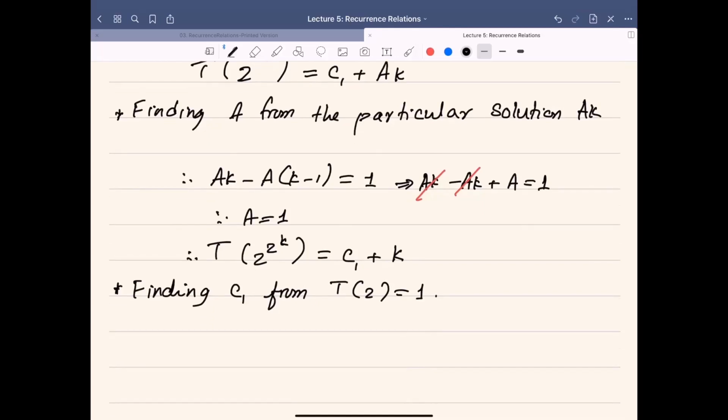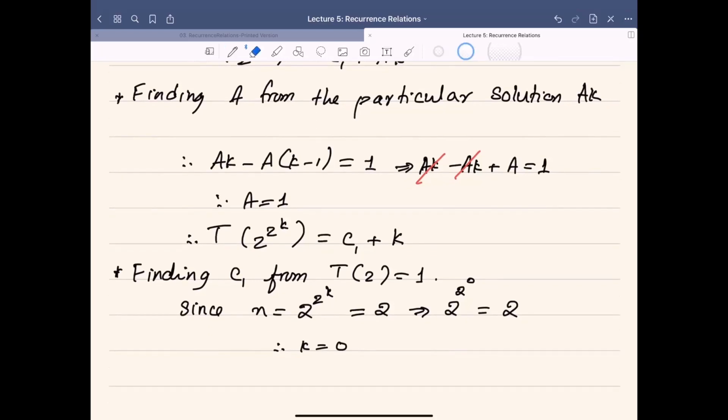But remember that since n was equal to 2 to the power 2 to the power k, we need to know what is the value of k when n is equal to 2. Notice that 2 to the power 2 to the power 0 is equal to 2. So therefore, k is equal to 0. So if k is equal to 0, then n will be equal to 2.